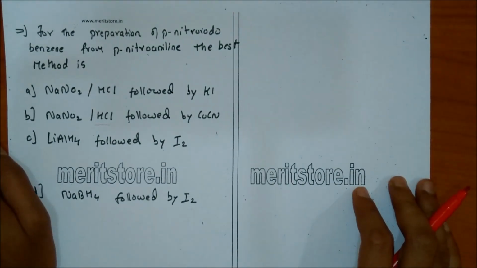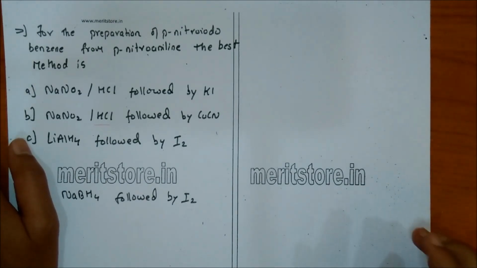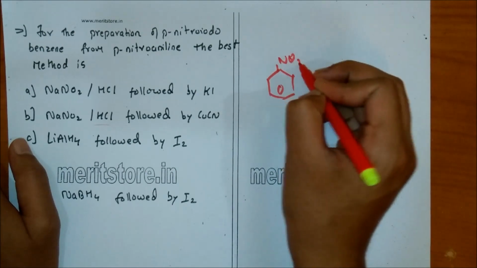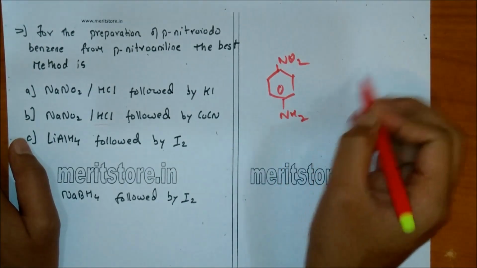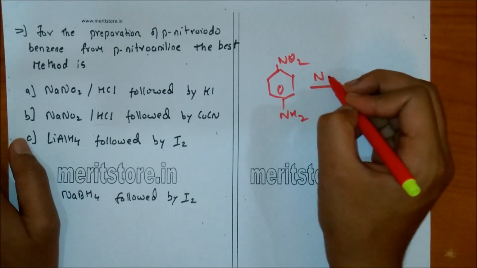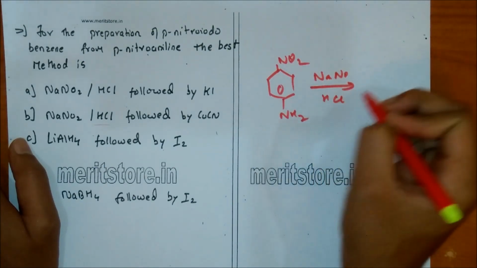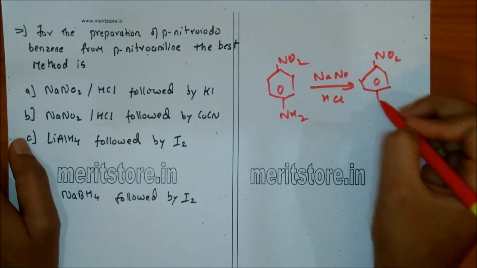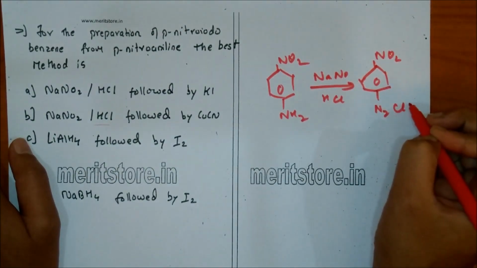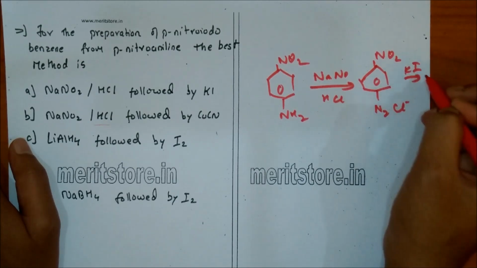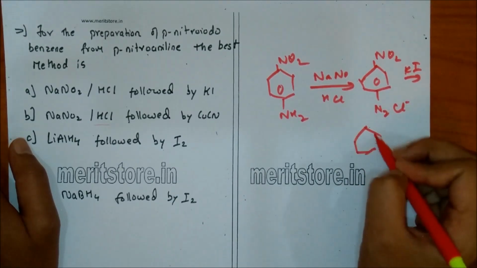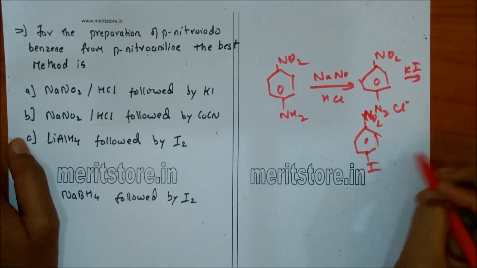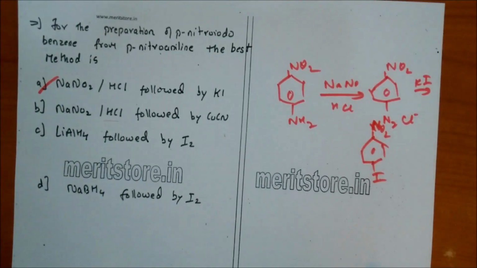So para-nitroiodobenzene from para-nitroaniline can be obtained when para-nitroaniline in NaNO2 and HCl will give the diazonium salt, which on reaction with KI will give para-nitroiodobenzene. So option A is the correct answer.